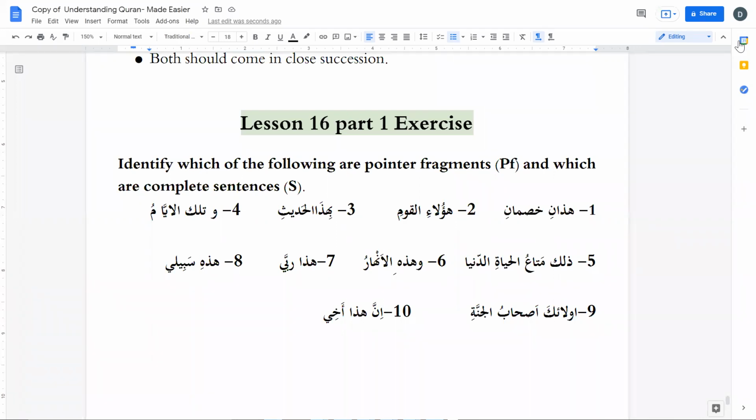Identify which of the following are pointer fragments and which are complete sentences.